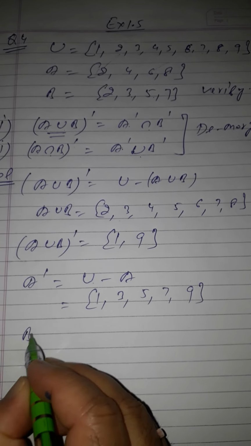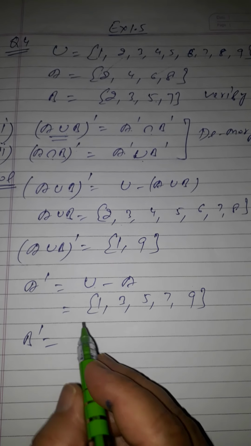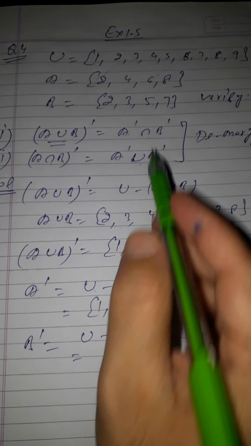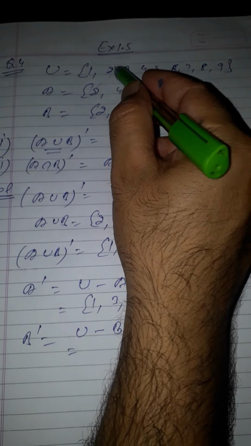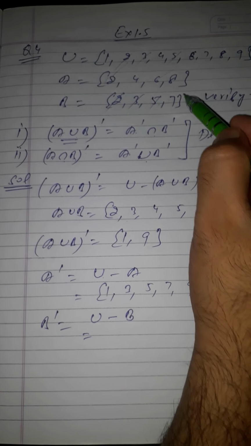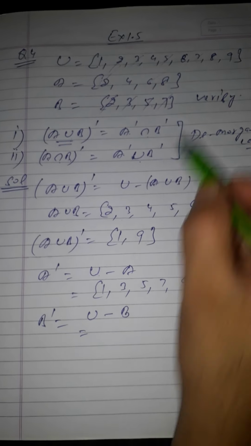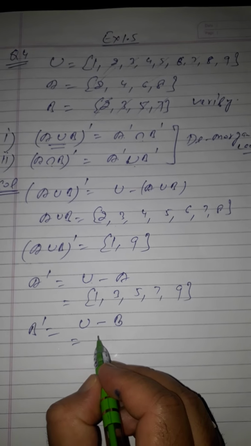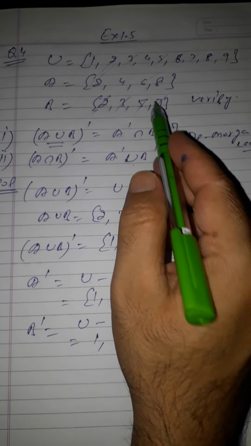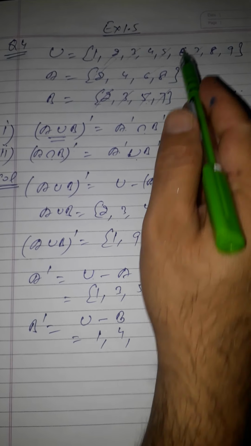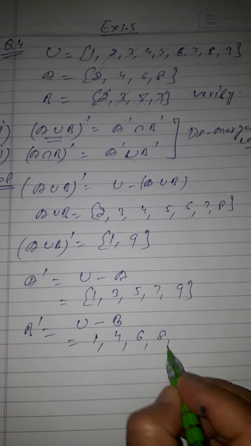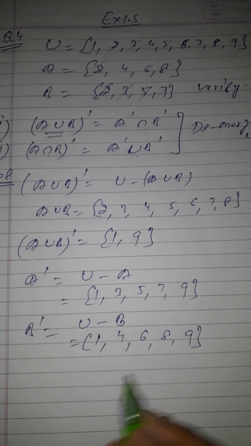Now come to the complement of B, that means U minus B. Here 2 is there, 3 is there, 5 is there, 7 is there. So the rest of all elements we will write: 1, 4, then we are not taking 5, then 6 is there, 7 we are not taking, 8 and 9, right, students?